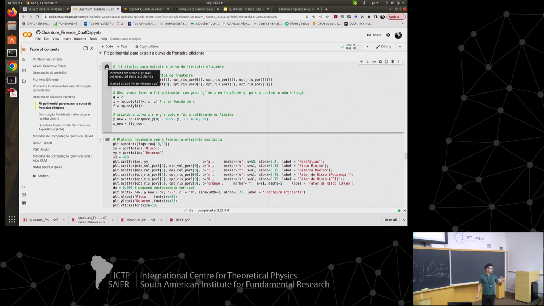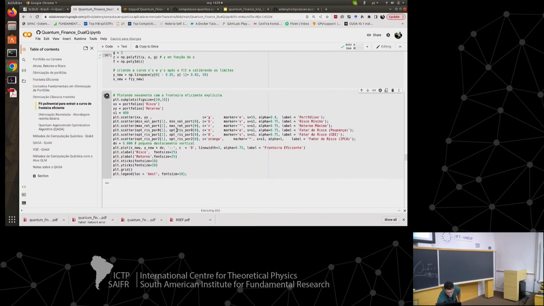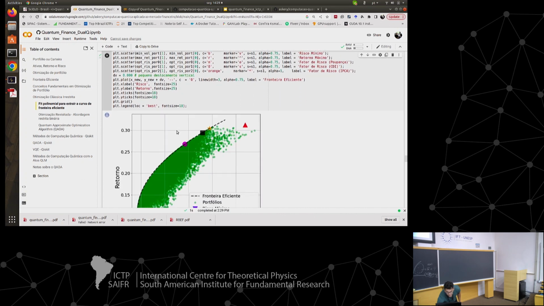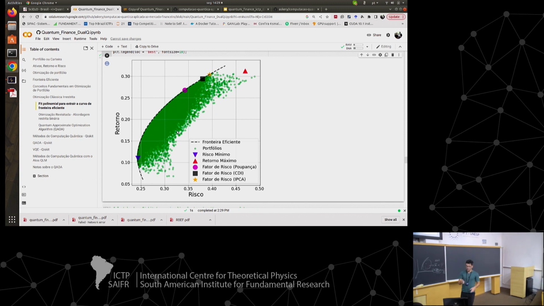Just that, because it's a function. And the degree 2. And then you plot. So you see that it's a function in the inverted axis. Okay?